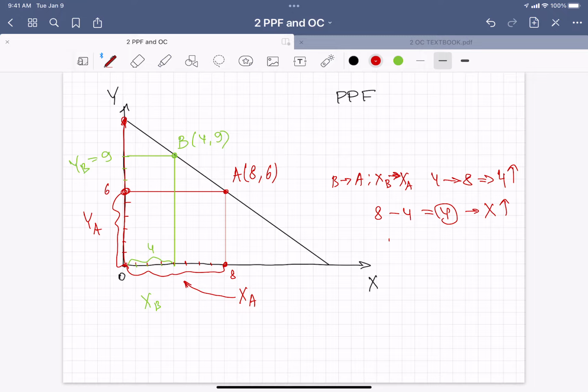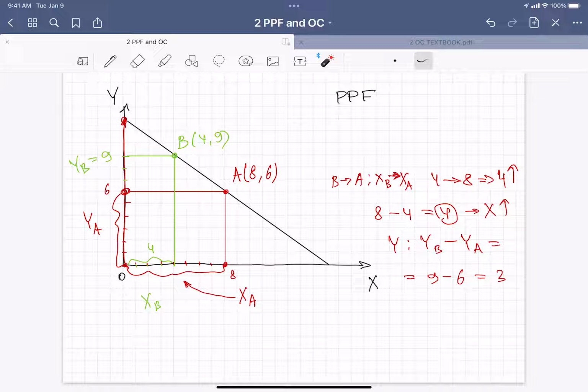Well, change in Y is the difference between what we had in the beginning, which is 9, so YB minus YA. So it's 9 minus 6. So that's 3 units lost in the production of good Y to achieve this increase in production of good X.